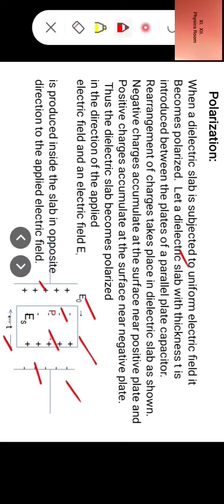Thus, the dielectric slab becomes polarized in the direction of the applied electric field, and an electric field ES is produced inside the slab in the opposite direction to the applied electric field.